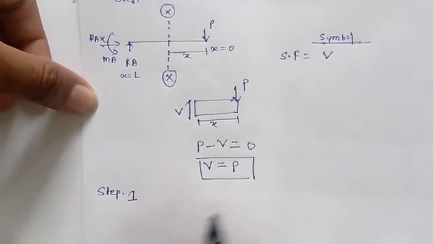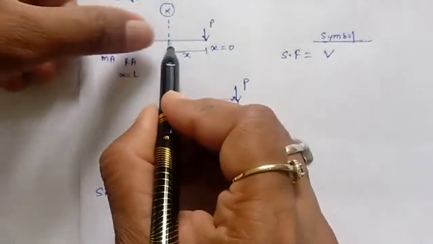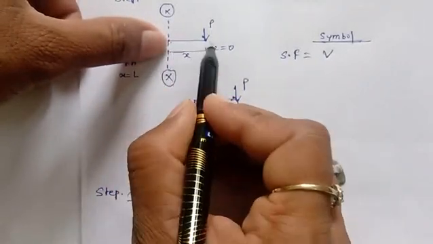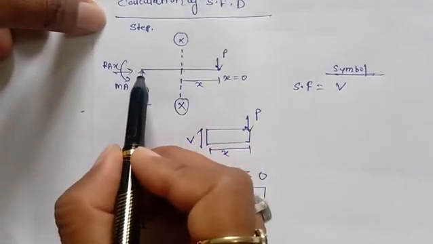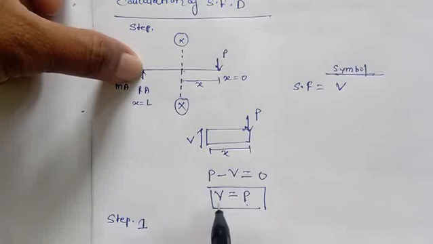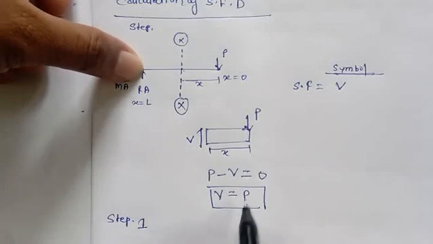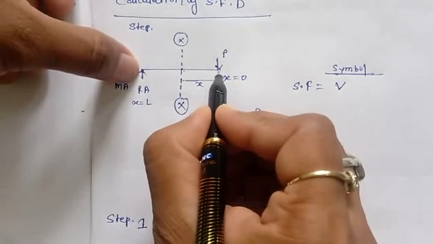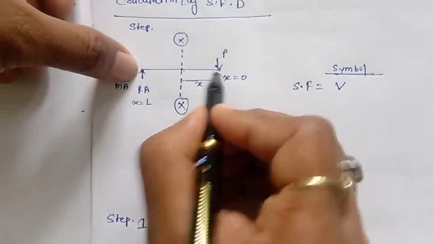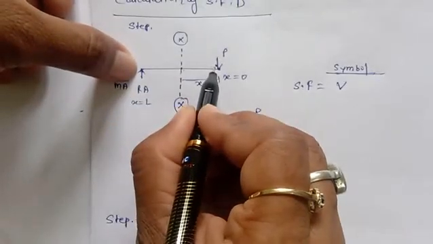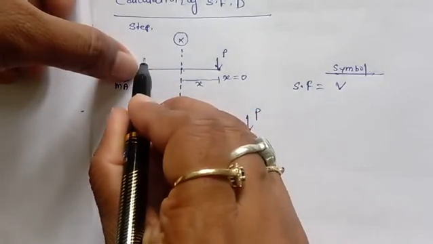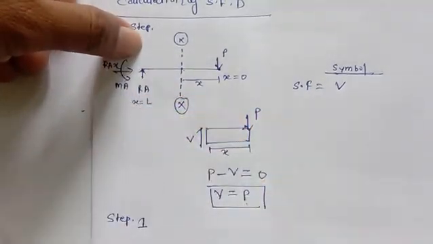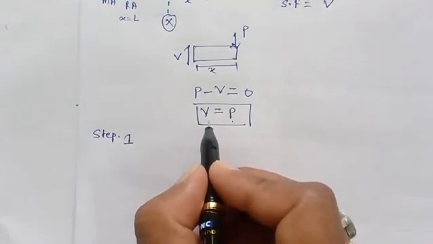Step 1: from here to here, there is no load except this P at the end, so the shear force will be equal to P. Similarly, if I move from here up to RA, the shear force will be P only, because from point B to point A there is no other vertical force, so this force will be constant up to this point A.